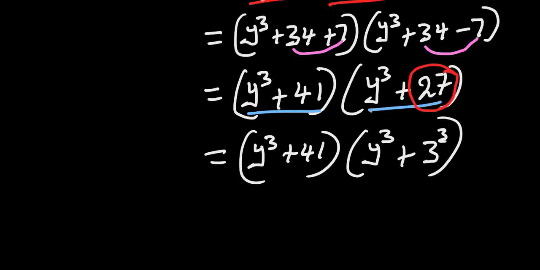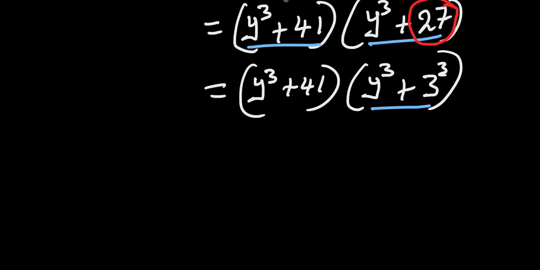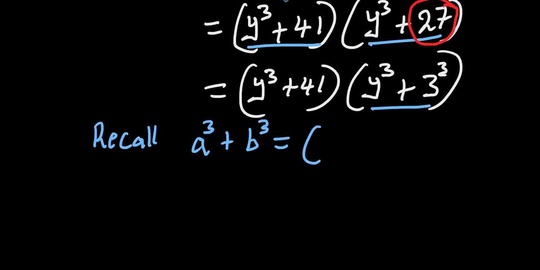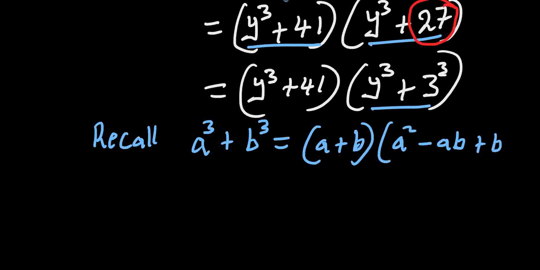All right, so we now have a sum of cubes here. A sum of cubes can be factored, and to do that, please recall that if you have a sum of cubes, take for example a to the third power plus b to the third power, this will be equal to the sum of a and b times a squared minus the product of a and b plus b squared.